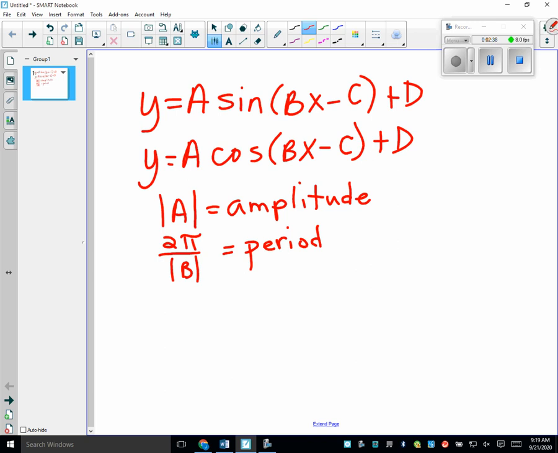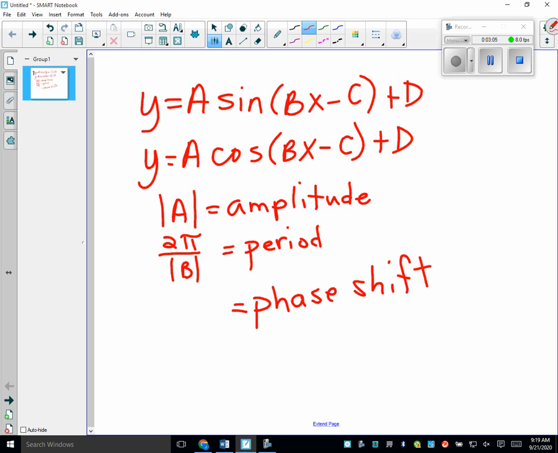Now, what changes is we now have a phase shift. Phase shift means we're moving the graph left or right. Didn't we always start at 0 when we graphed? It may not start there now.